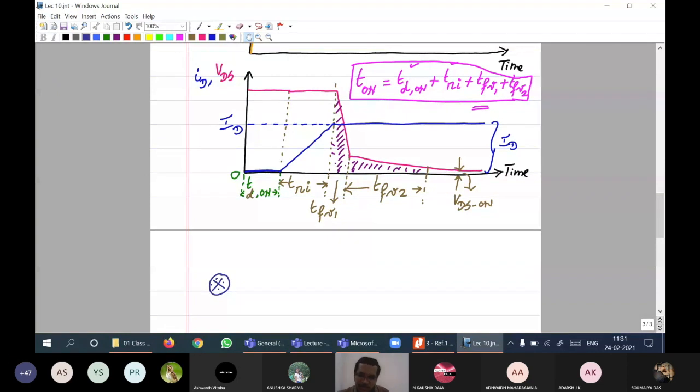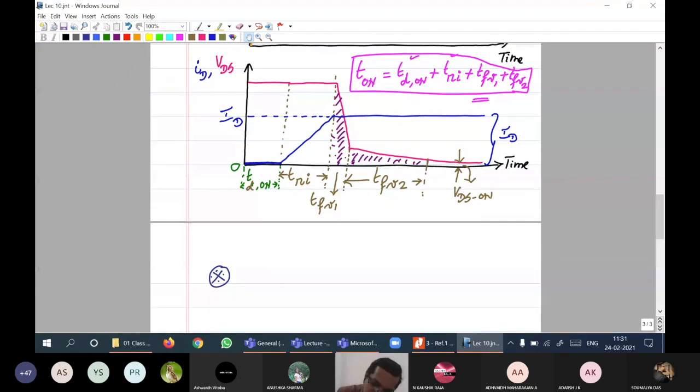Therefore, in the hatched portion, in the crossover portion, power dissipation occurs. Correct? So when you compute the power that is dissipated, voltage into current, you can easily compute. The area under the curve is going to be the turn on power loss.